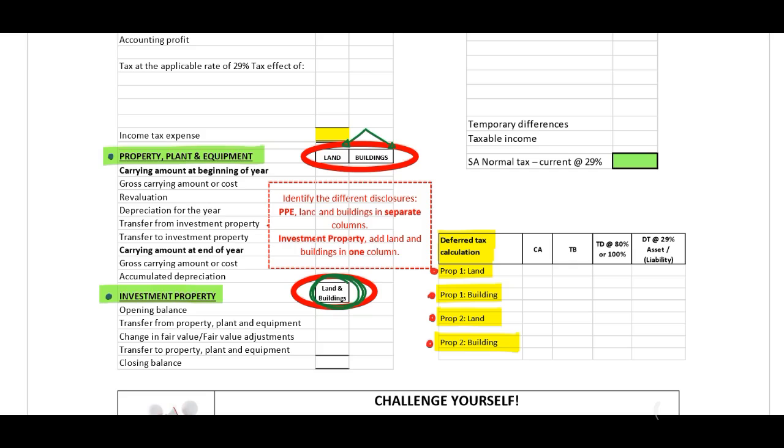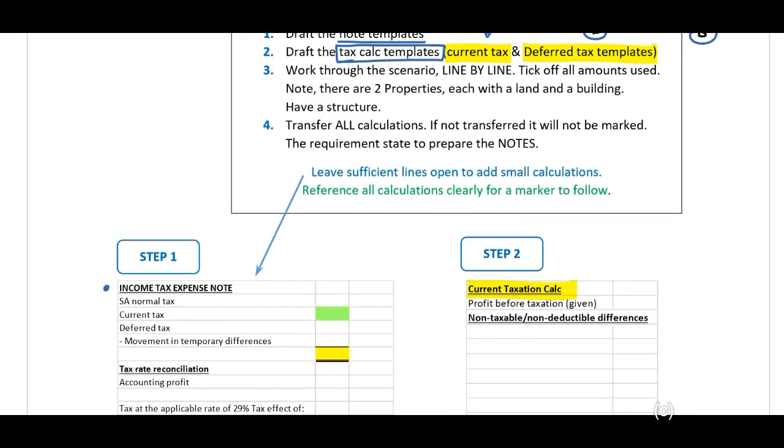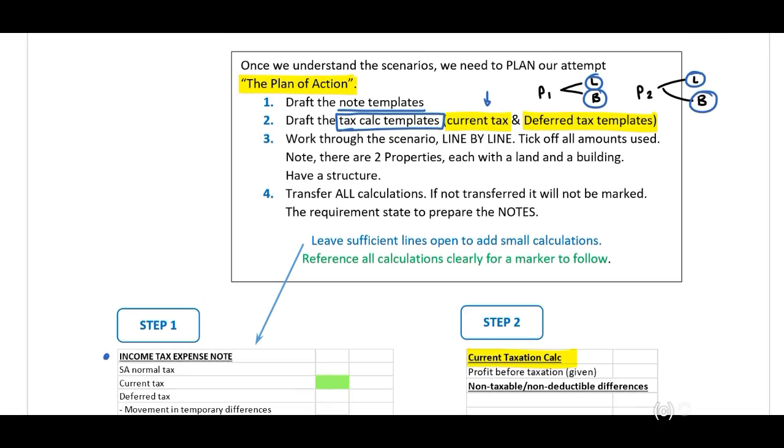Very important. Then another important thing to identify: transfer from investment property to property, plant and equipment, and transfer to investment property from PPE. Please remember that this should be at fair values. Important.